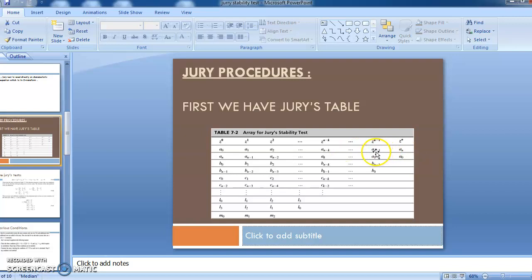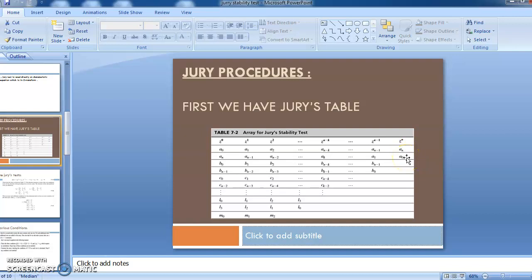Similarly, the second element will be an minus 1, the third element will be an minus 2, and the last element is a0, which is the first element of the first row. So the first and second rows of this Jury table are just inverses of each other.